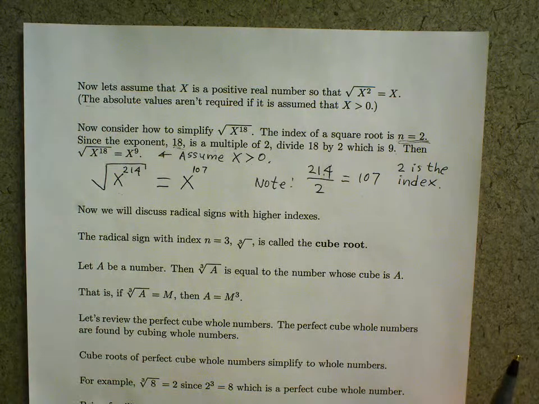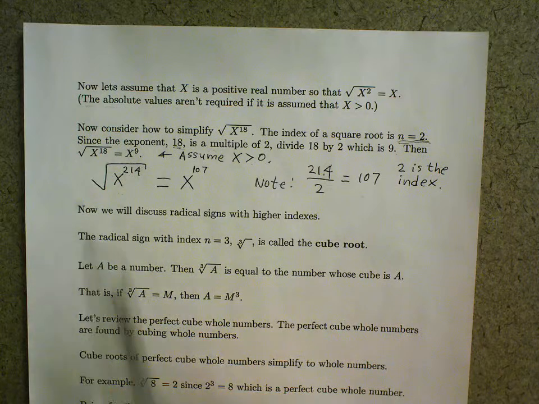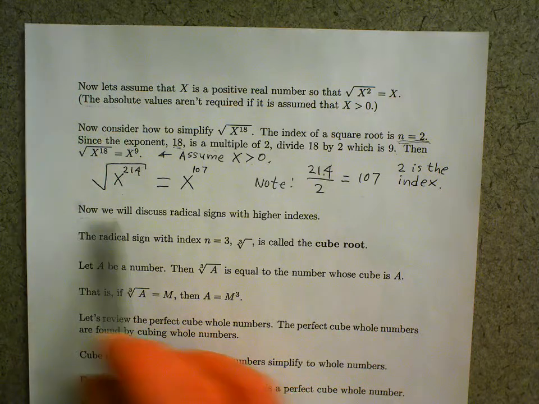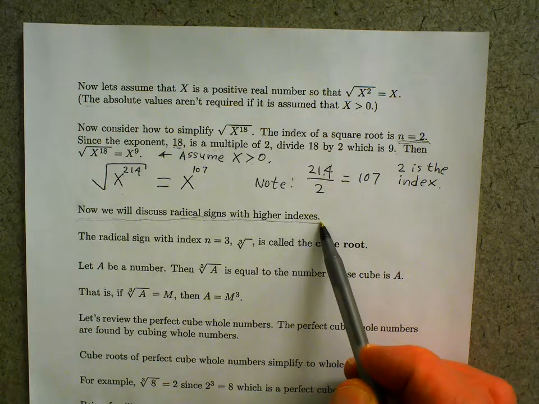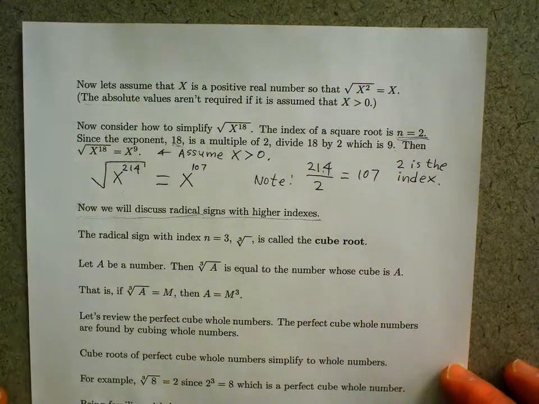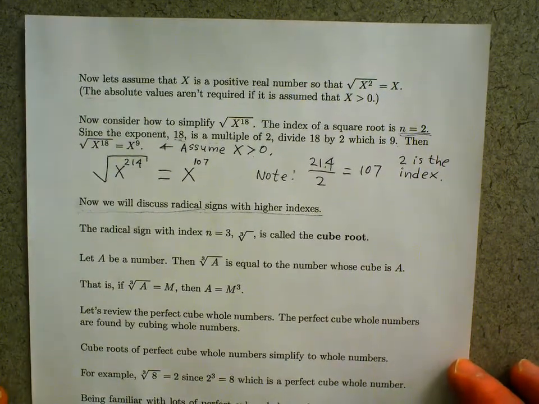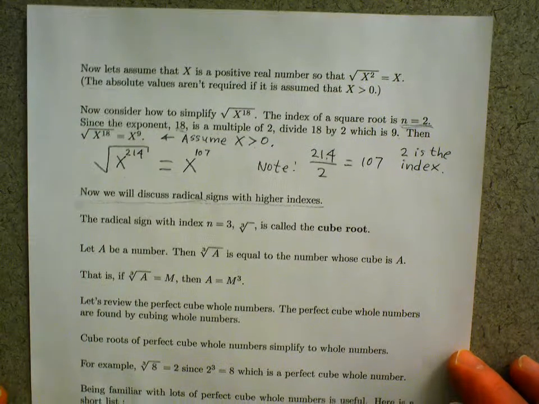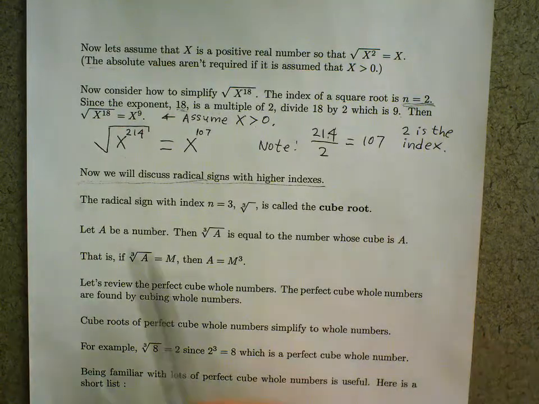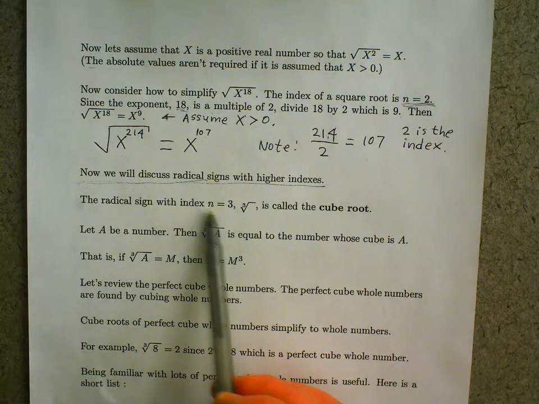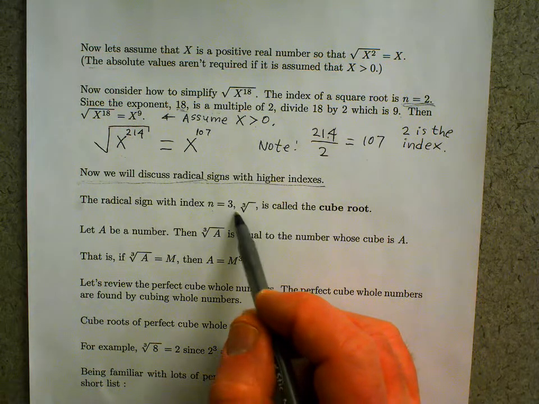Okay, so now we'll go on to the next level. Now we will discuss radical signs with higher indexes. Okay, the radical sign with index n equals 3 looks like this.